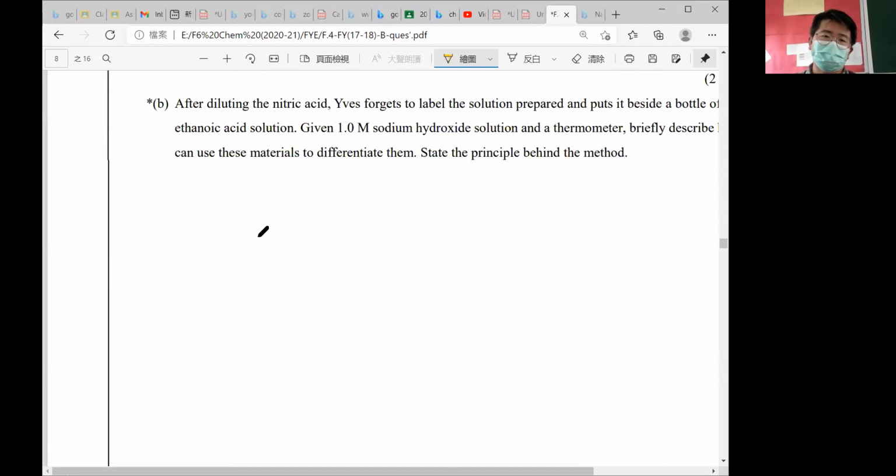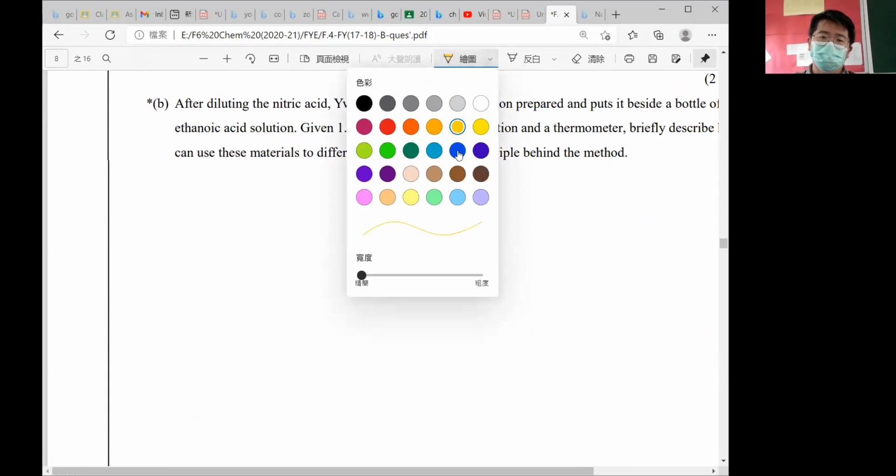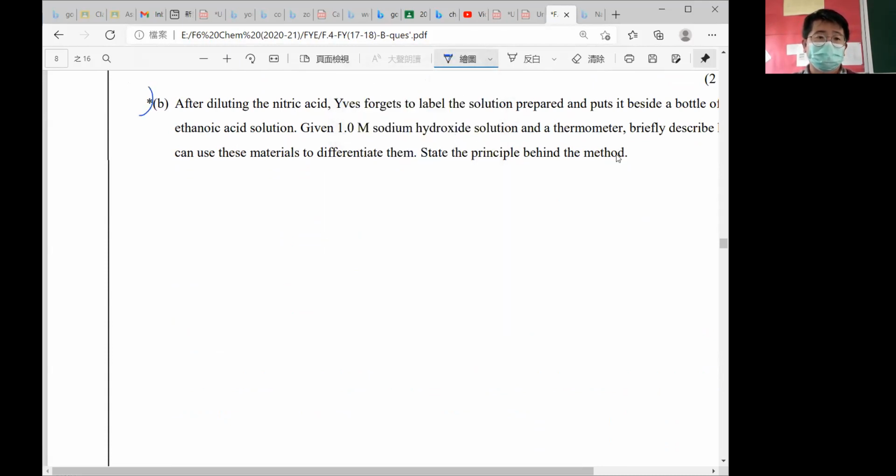Now, for B, we will have an essay type question. How do I know? Well, we've got a star here, right? That is the essay. After diluting the nitric acid, let's come forward to label the solution, prepare and put it aside against the ethanoic acid.